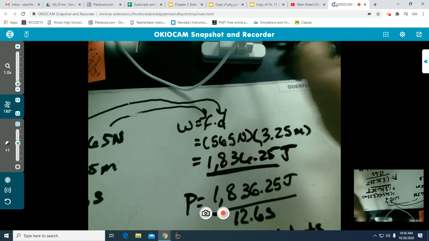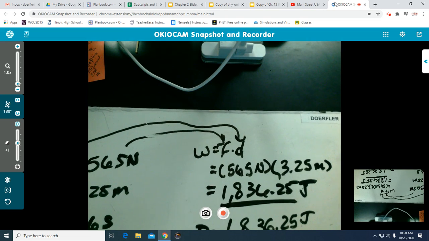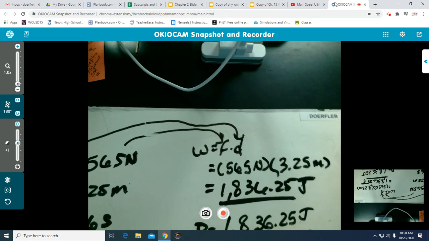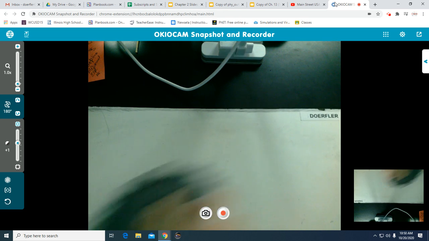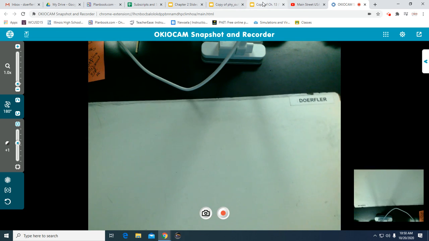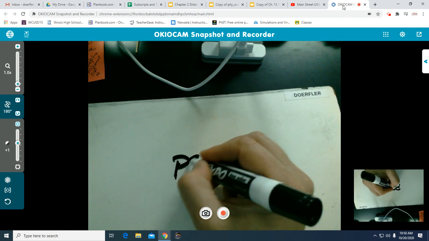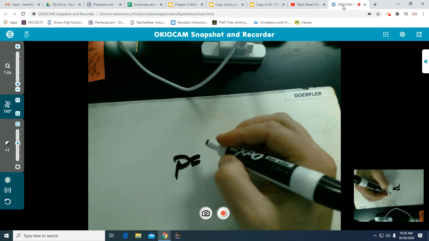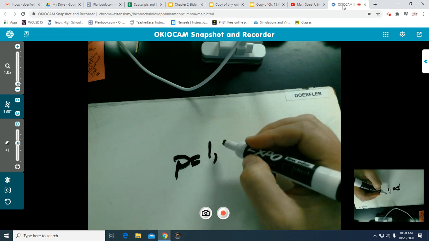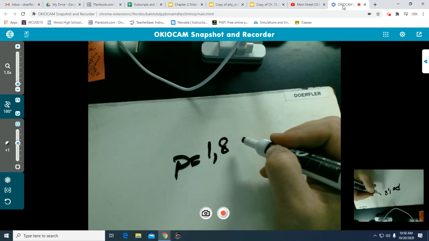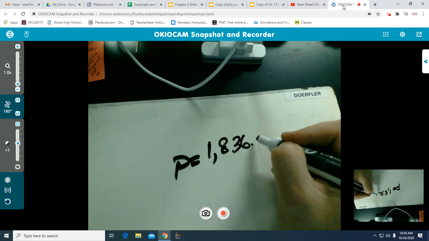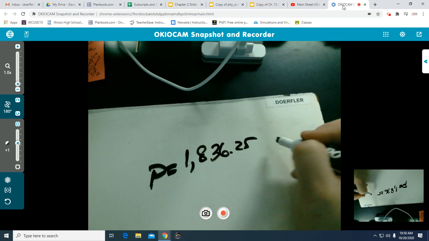We got a part B here, folks. So hold tight, and then we're going to be done. I don't think I wanted to erase that entire thing. What is her power output if she climbs the stairs in 10.5 seconds? Now, what's nice about this is we already know what her work was, which I erased: 1,836.25. Wow. Steel trap for an old man.